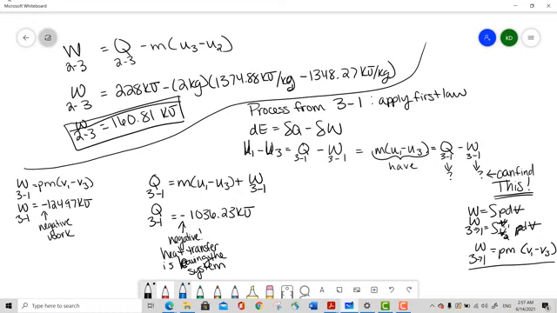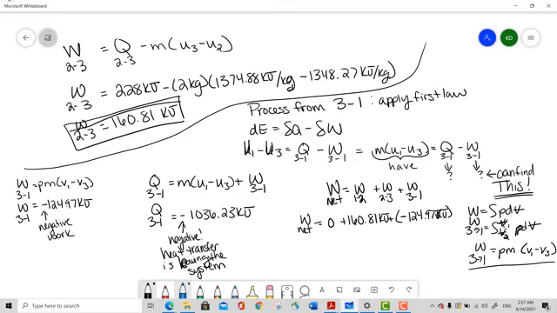And then what else do we need to find out? Well, we need to find out what the net work is, right? Which is just all of them added up. Okay, and so then again, we're just going to plug in, because now we found all of these. So 0, 160.81 kilojoules plus negative 124.97 kilojoules.